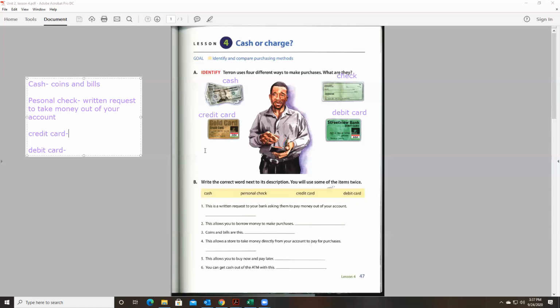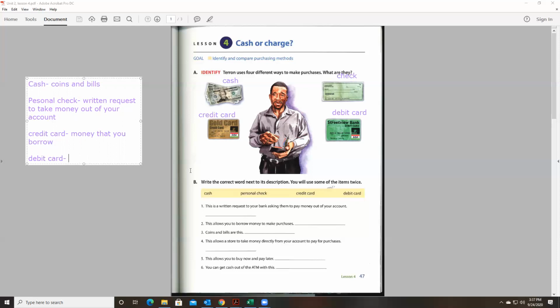Okay, so the difference between a credit card is money that you borrow. Okay, it's not money that you already have in an account. It is money that you are borrowing from usually some other bank or some other business, right?